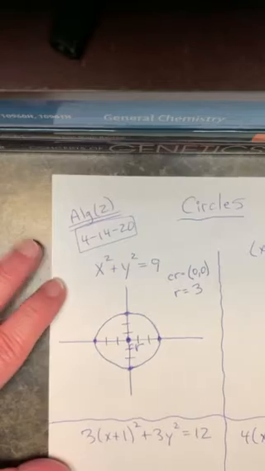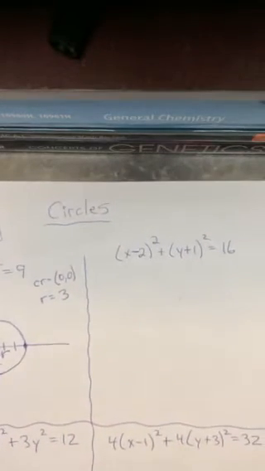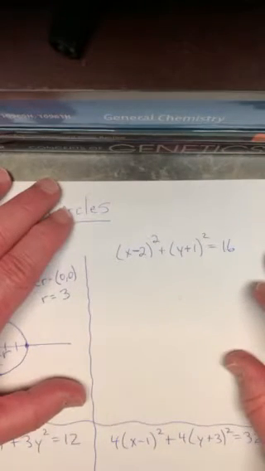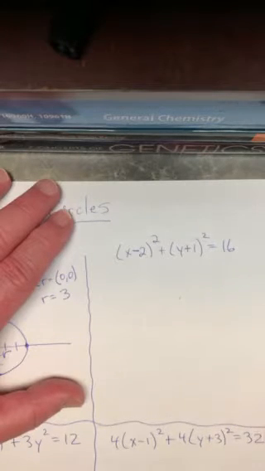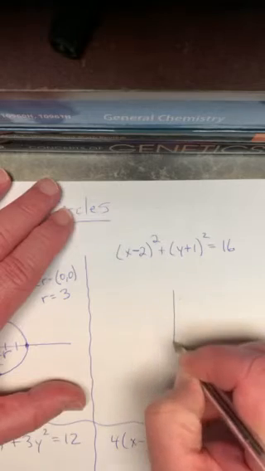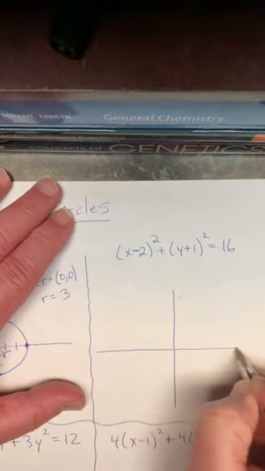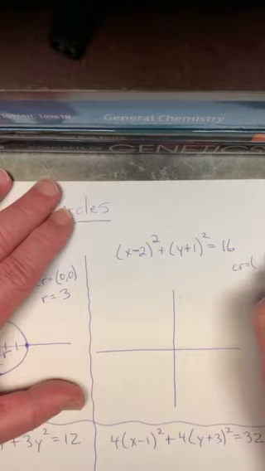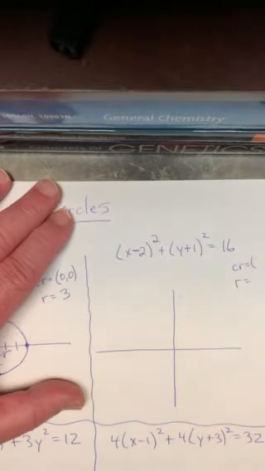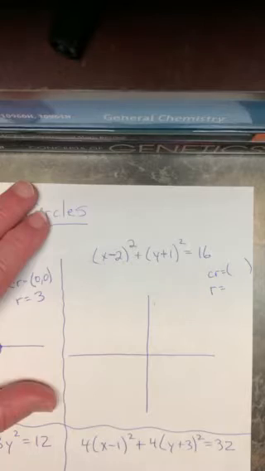Okay? Everybody slide to block 2. It says x minus 2 squared plus y plus 1 squared equals 16. And I want you to graph that circle correctly. Okay, well, once again, if I'm going to go and graph this thing correctly, off to the side, I need to write down where's the center and how big is the radius, correct?